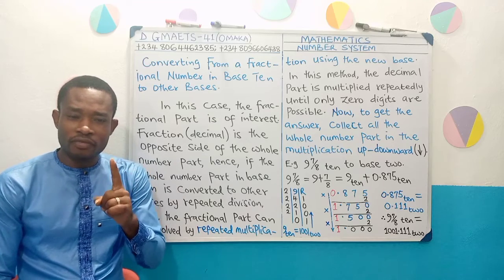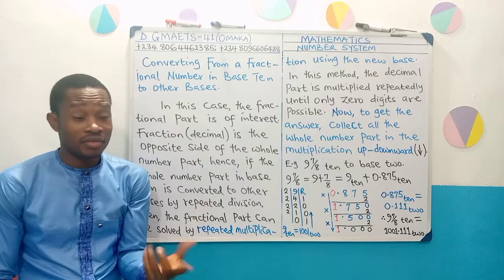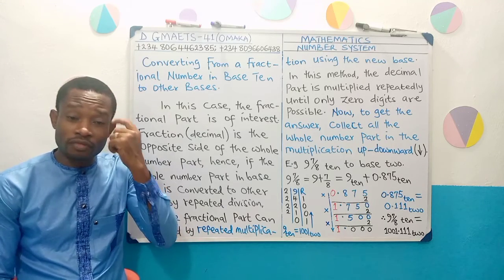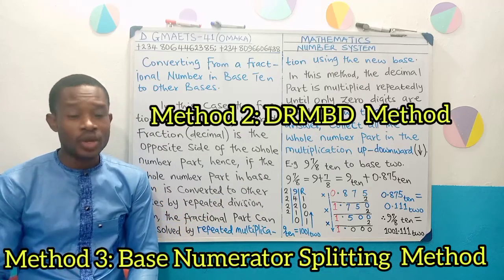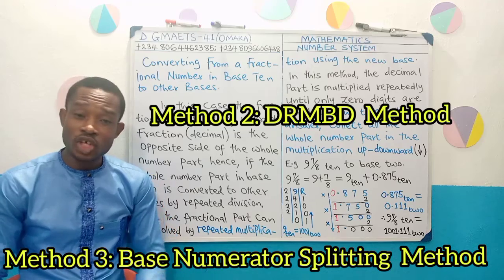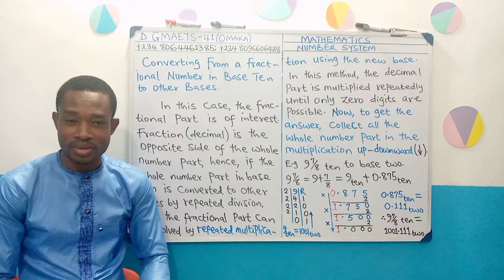However, if the problem given to you is a fraction, then you might consider using any other of the 2 methods that we are going to meet as we solve questions. But like I said, the choice is yours. All I'm going to do is show you these 3 methods as we solve questions.